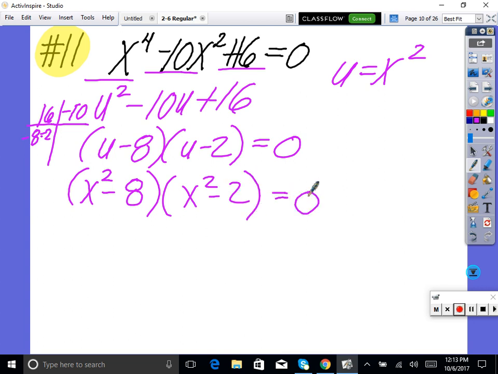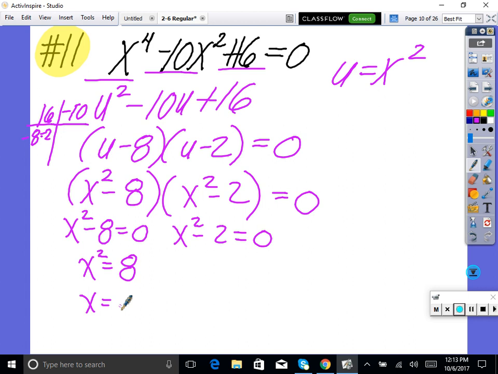And now we can solve for x. So make sure, once again, you break down square root of 8, pull out groups of 2. Do you know what I'm talking about?